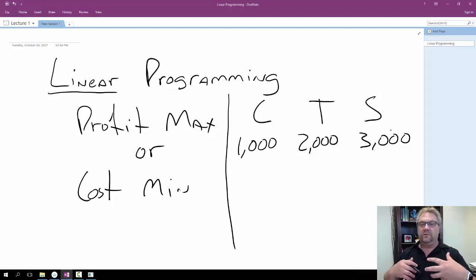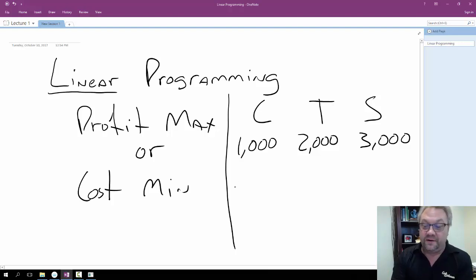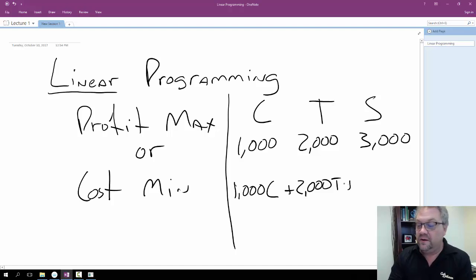So what's this whole linearity thing? Well, a simple and easy profit function is just going to be 1,000 times the number of cars you produce plus 2,000 times the number of trucks that are produced, and then of course plus 3,000 times the number of SUVs that are produced, and voila, we now have a linear profit function.